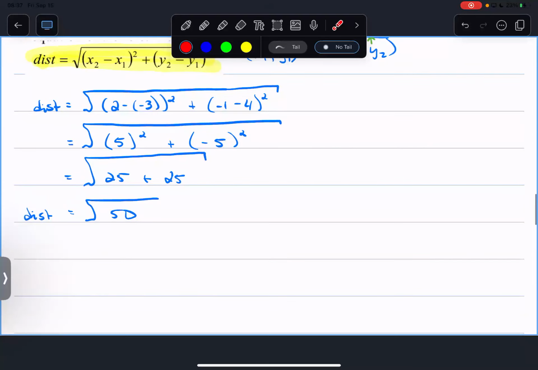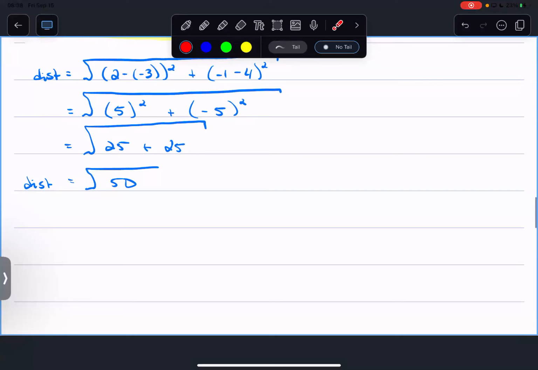Don't do that. I'm going to leave it in exact form, right? An exact value is things like the square root of 50. If I were to write the decimal, right, all of a sudden I'm at an approximation, and I'll know what you mean either way, right?